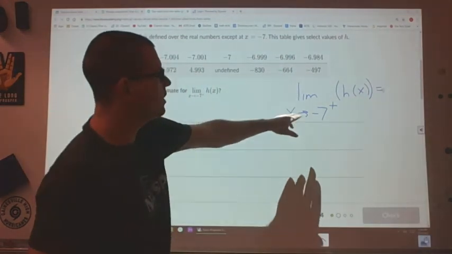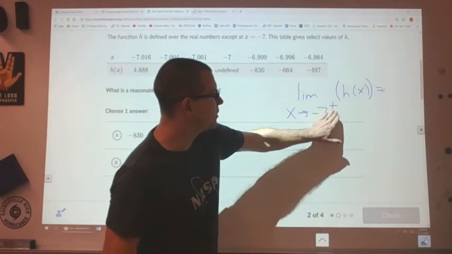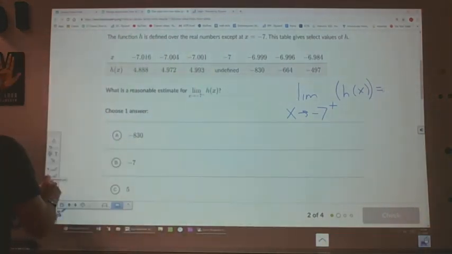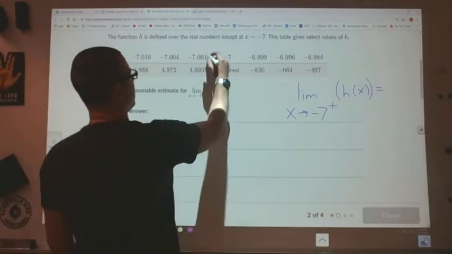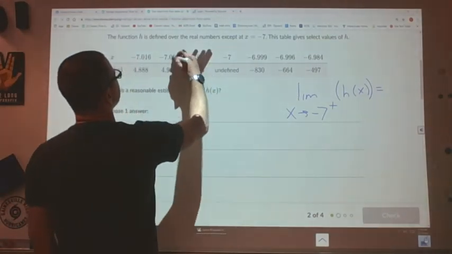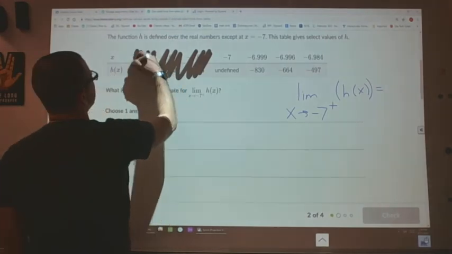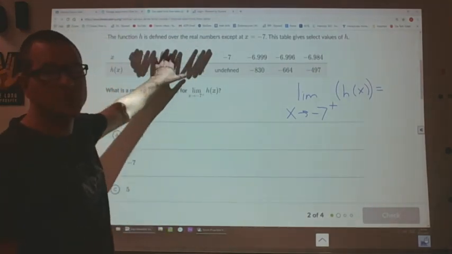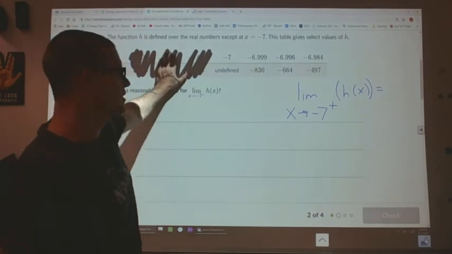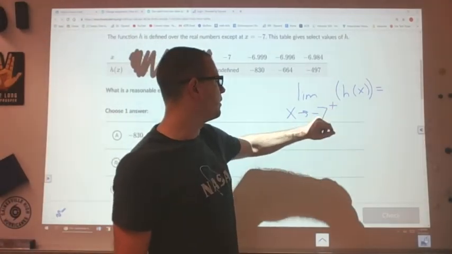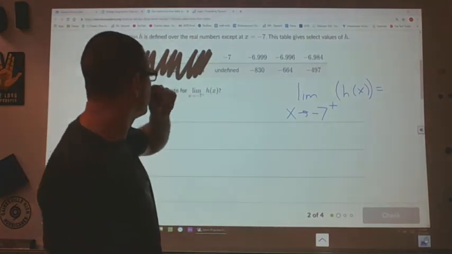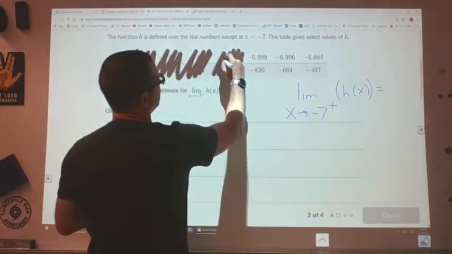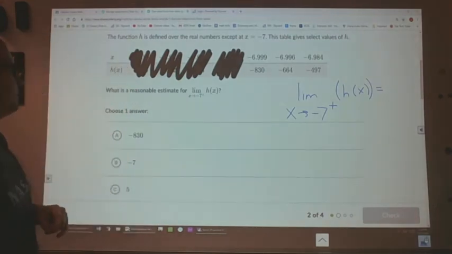So if we're only looking at values bigger than -7, I can ignore really all of these. For this particular problem, the left-hand side of that table doesn't matter because those are values smaller than -7. We want only from the right. And so we can even ignore -7 itself. It has nothing to do with the limit.